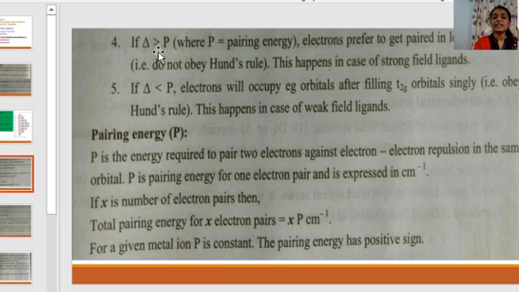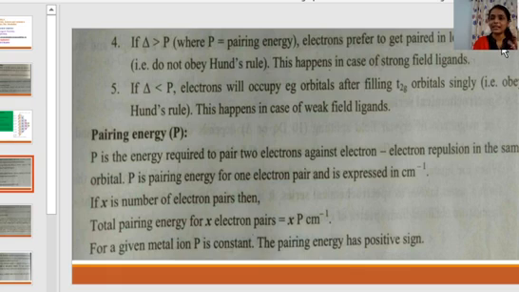If delta is greater than P, where P is the pairing energy, electrons prefer to get paired in the lower T2g orbitals. Delta is the splitting energy between the two sets, that is T2g and Eg.